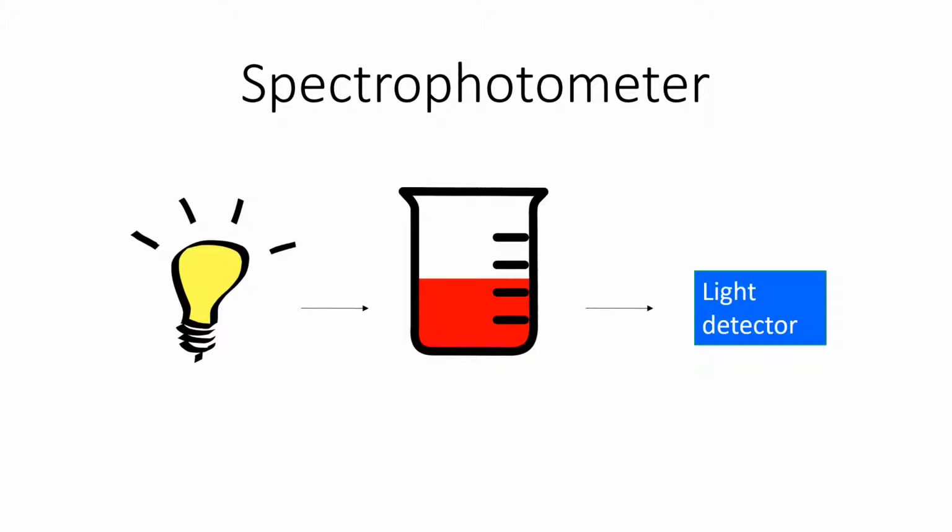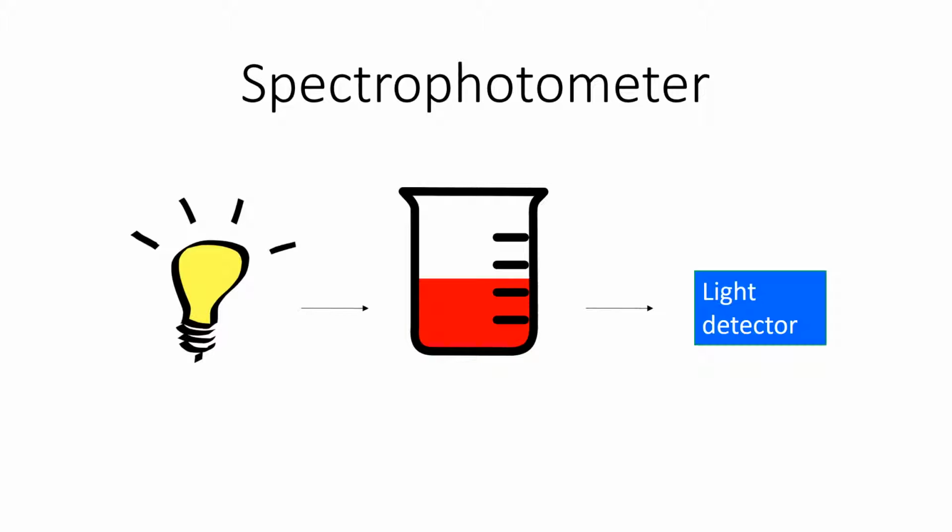The nice thing about a spectrophotometer is it can actually quantify the light that passes through the solution. So a typical spectrophotometer just has a bulb inside it. You shine light through a solution. There's a detector on the other side that measures the amount of light that passed through the solution.